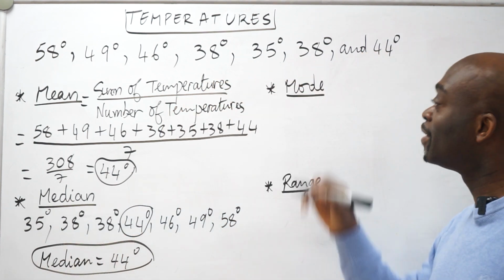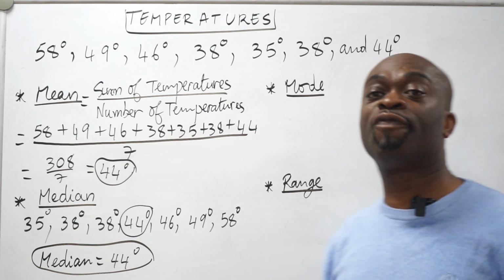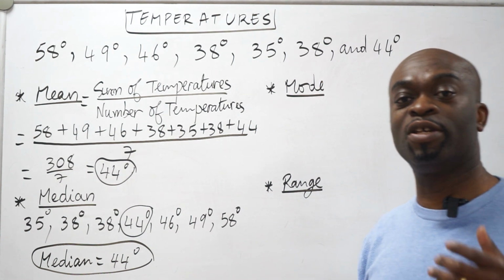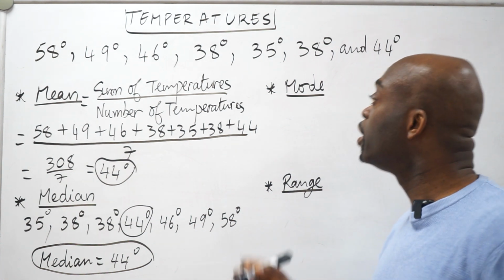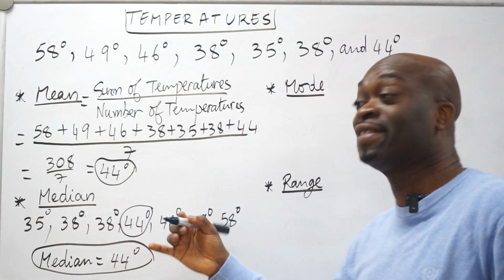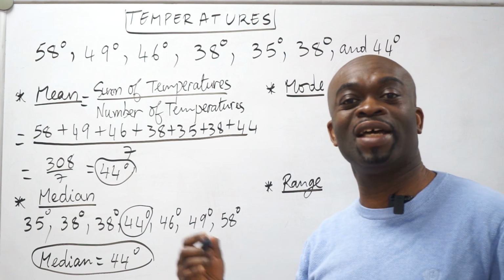All right, let's keep going. We're talking about the mode now. The mode is the most frequent number that you have in there. That means the number that repeats itself more than any other number. Now that we have the numbers in order, we can see even better. What's the number that repeats itself more than others?